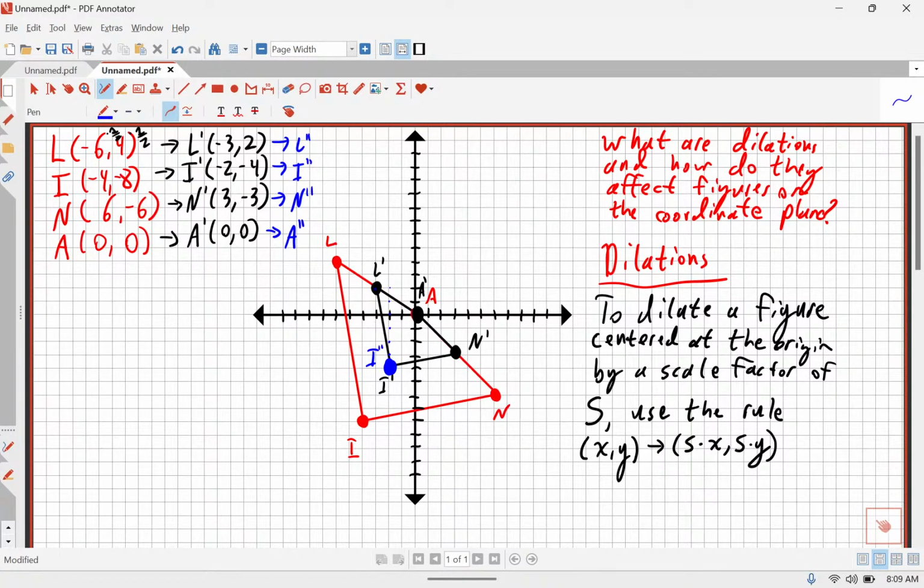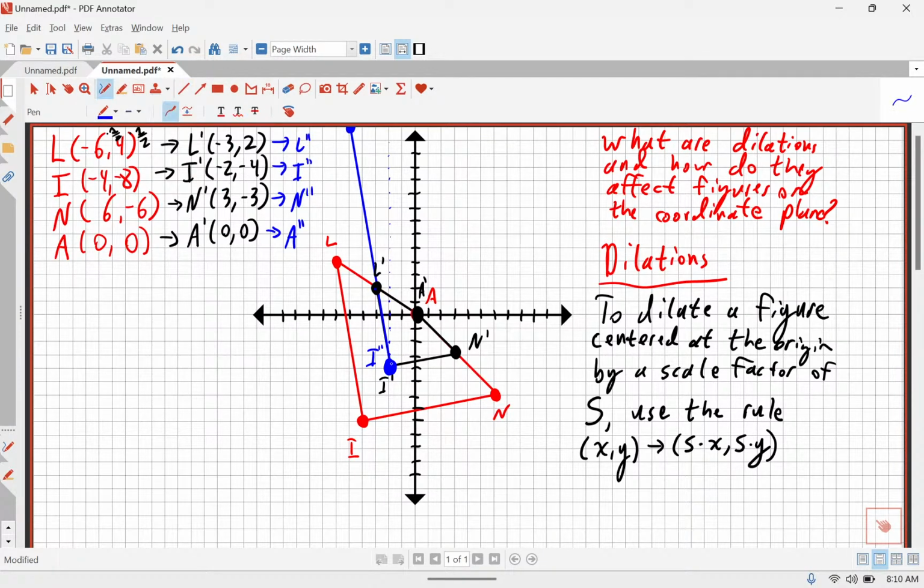So if we go up 18 and left 3, 1, 2, 3, 4, 5, 6, 7, 8, 9, 10, 11, 12, 15, 16, 17, 18. I kind of run out of space, but then we're going to go left 1, 2, 3. I've got it right there. Oops, I'm going to change that to blue. Blue. Right there.